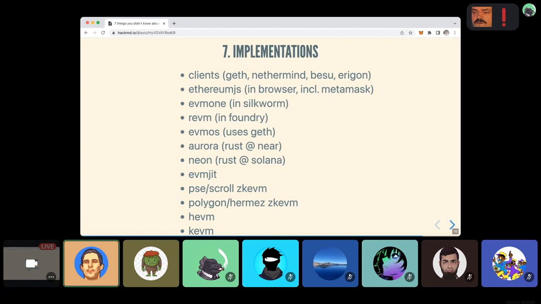One implementation I think many of you have used is REVM, which I believe was actually inspired by EVMone, but obviously EVMone is C++, so it's not really fancy. And REVM is in Rust, so it can be used in Foundry, and that is the VM used in Foundry for all the tests. And I use Foundry, I like it. So of course, a lot of you have used it.